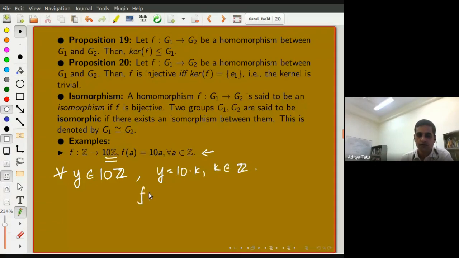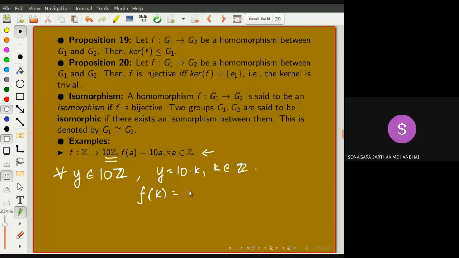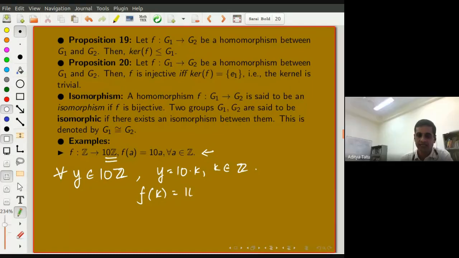Then what is f of k? Since k is in Z, it is in the domain of f. So what is f of k? It will be 10k, which in other words is y. So what can we conclude about f? Is it onto?